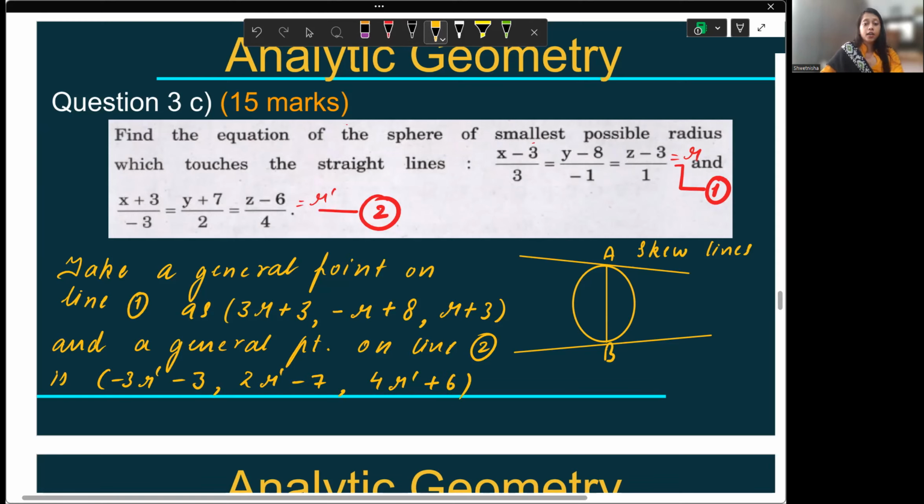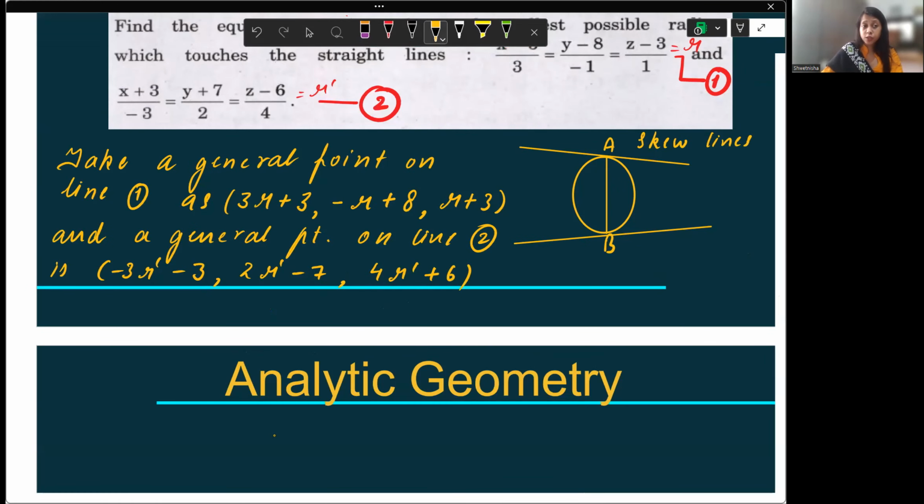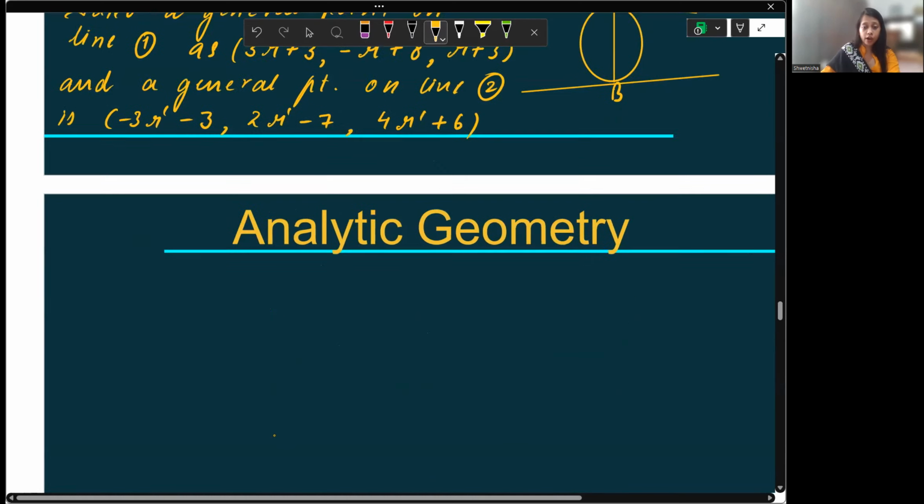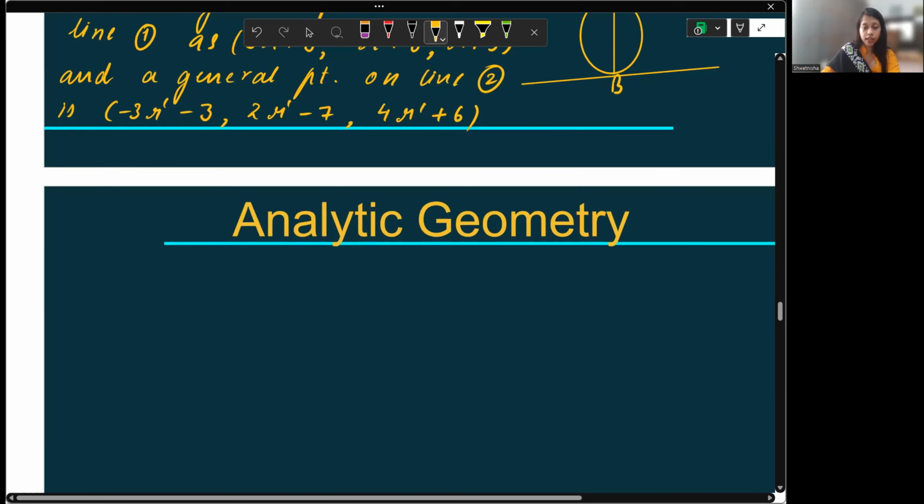Okay. Now, if the two lines are intersecting each other, that means there will be a point where these 2 points are exactly the same intersection point. Let's equate them.